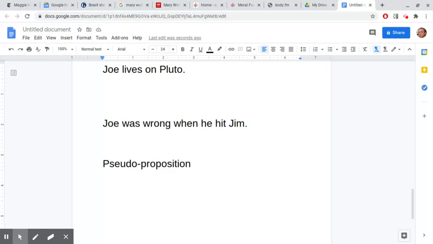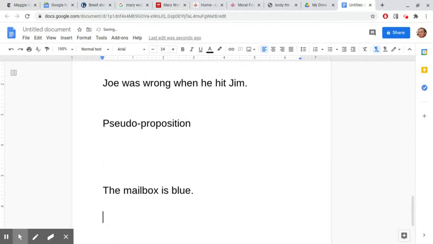And the reason that it's not is because there is no way in principle of deciding whether it's true or false, because it looks like it's making a claim about the world. It looks like it's of the same form as something like the mailbox is blue, but it's not. Mailbox is blue is making a claim about the world, that there is a mailbox and that it is blue.